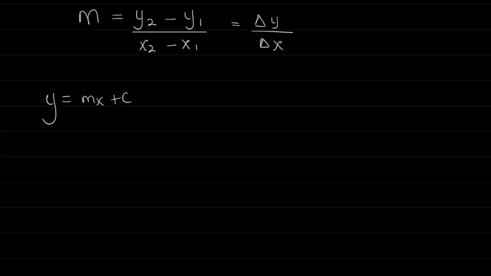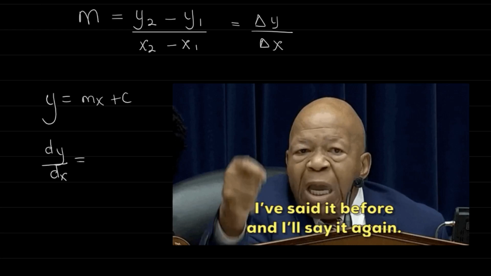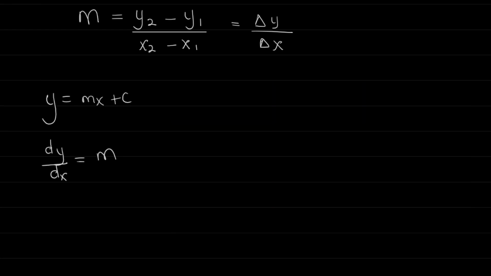So every change in x will cause a change in y. If you're trying to assess the change in y for every change in x, you'll get gradient. I'm telling you, you'll get gradient, but you'll see how.